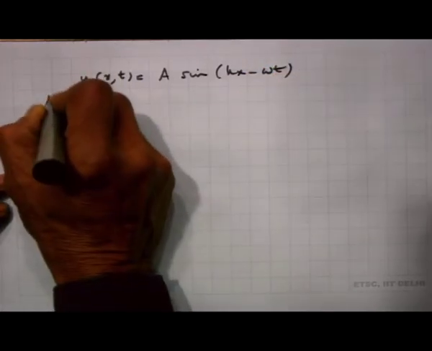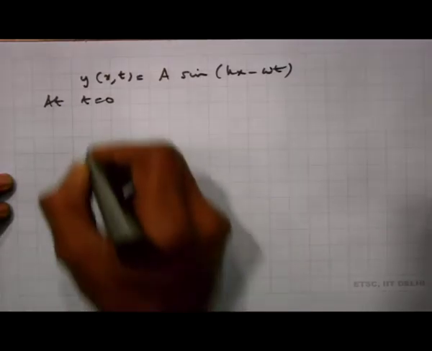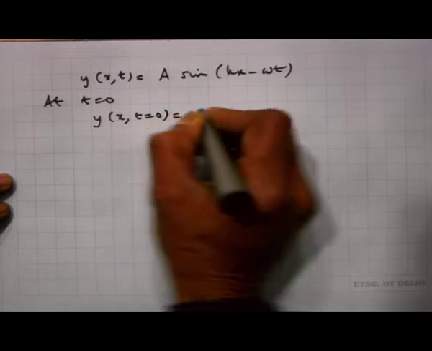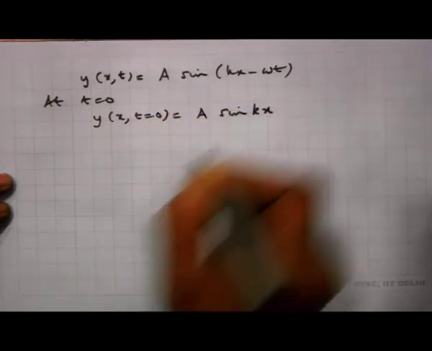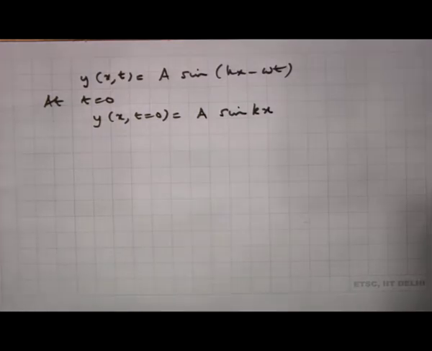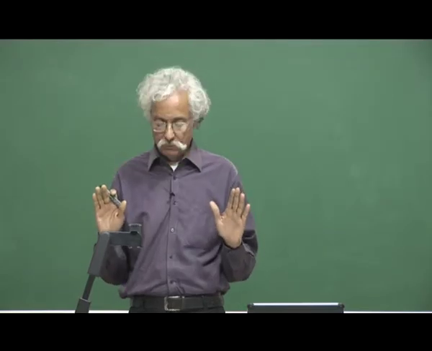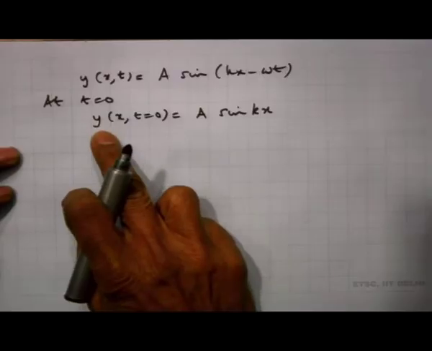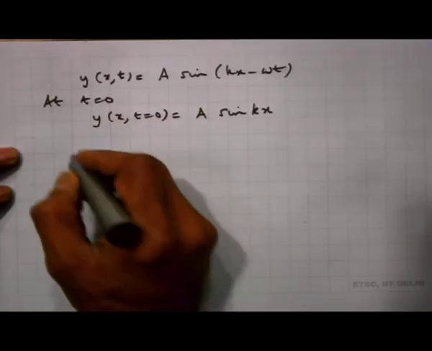So, at t is equal to 0, some arbitrary time which I call t is equal to 0, y of x at t is equal to 0 will be A sin kx. So, what I have done is I take a snapshot of the string at a time which I call t is equal to 0, and that snapshot of the string, displacement of the string from the equilibrium position, is given by A sin kx.